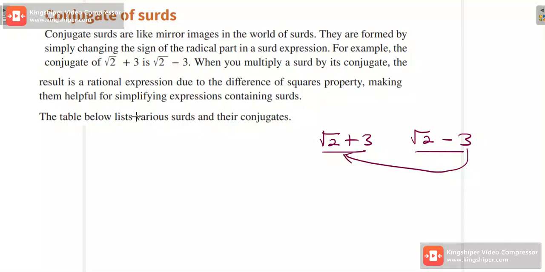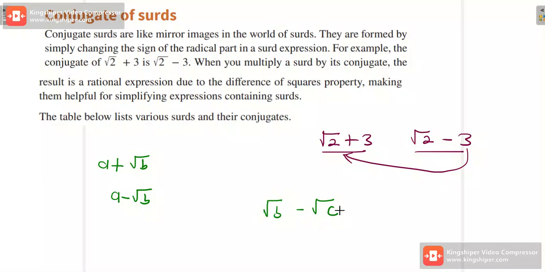So when I give you another one, let's see, a plus root of b. What is the conjugate of this set? The conjugate of this set is going to be a minus root of b. When I give you root of b minus root of c, what is the conjugate of this set?